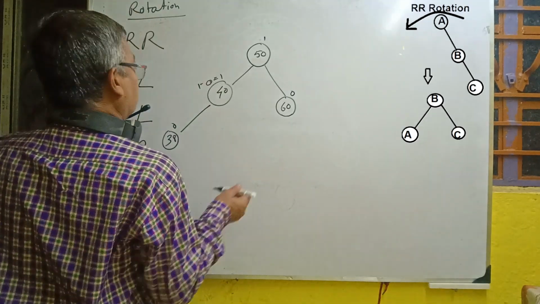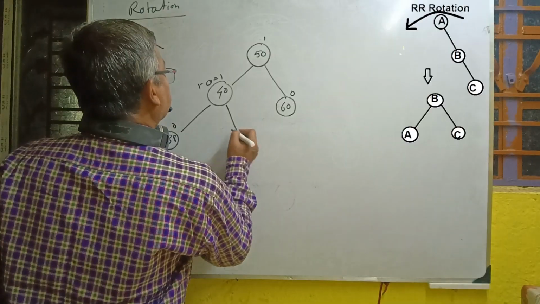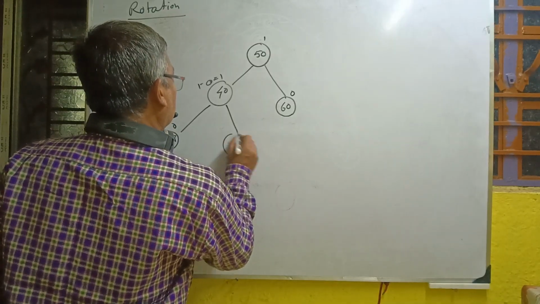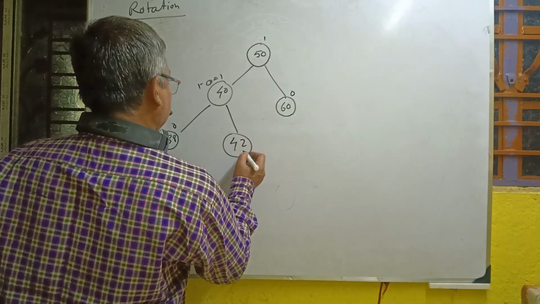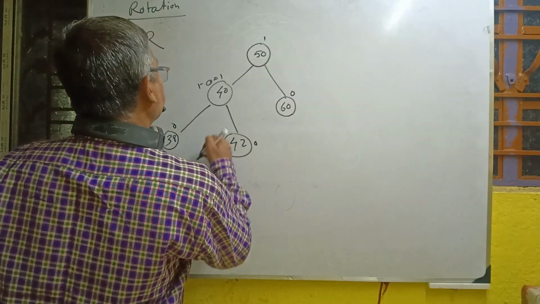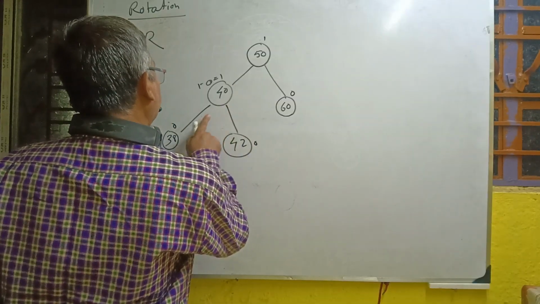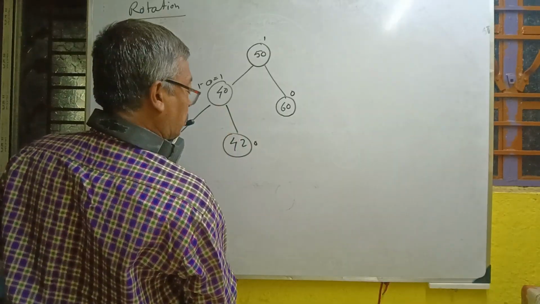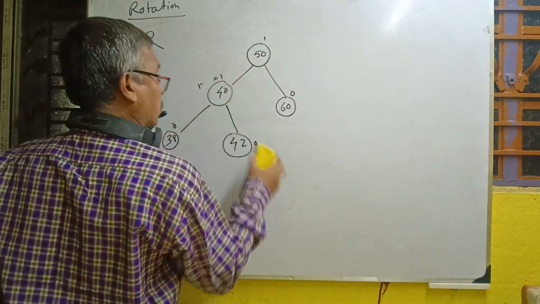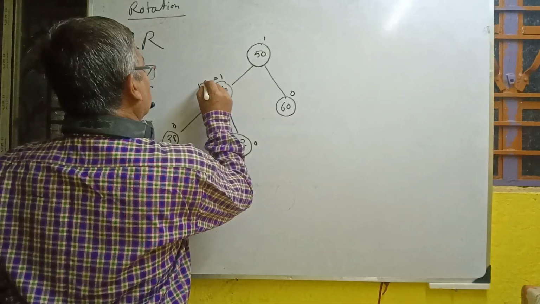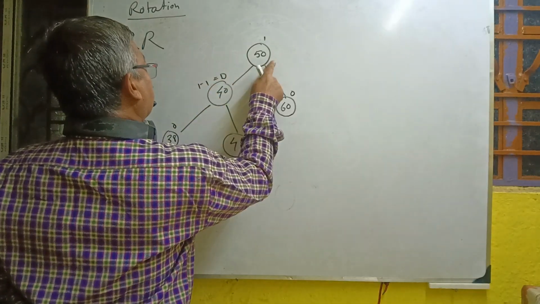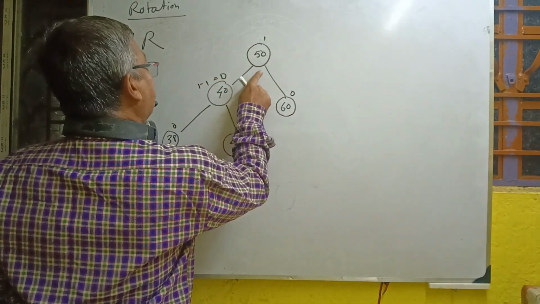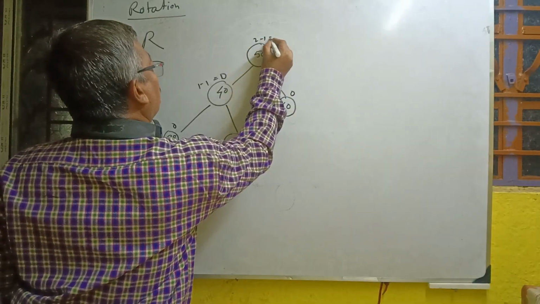Now I am inserting another node, suppose 42 on the right side of 40. Now I am checking the balance factor. 42 has balance factor 0. 40 has 1 minus 1, that is 0. The balance factor of 50 is 2 minus 1, that is 1.